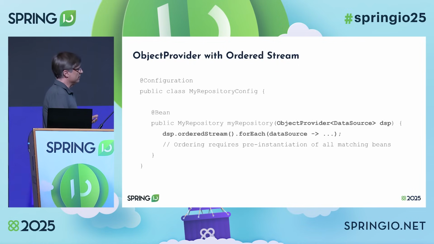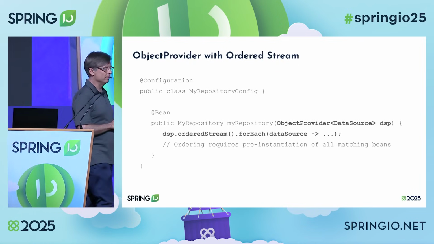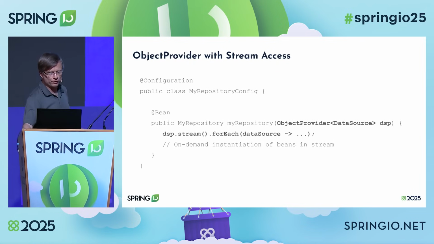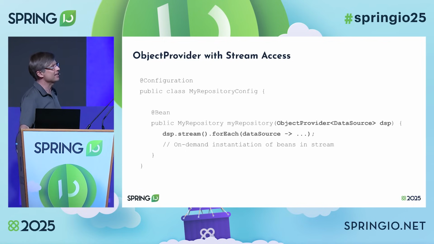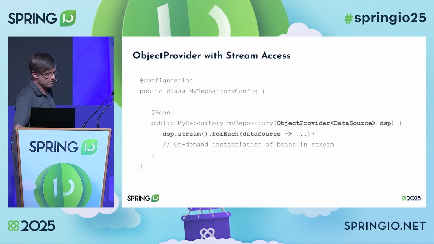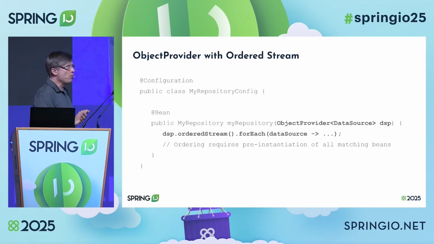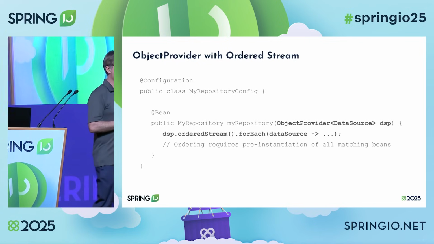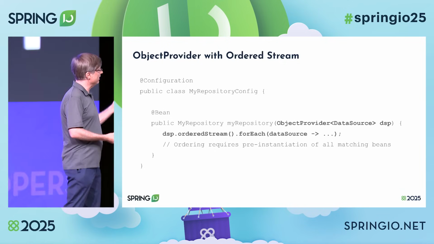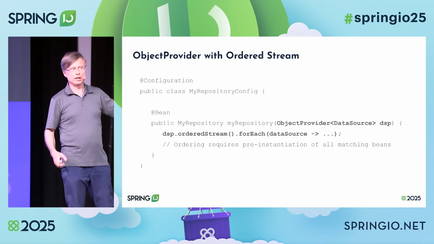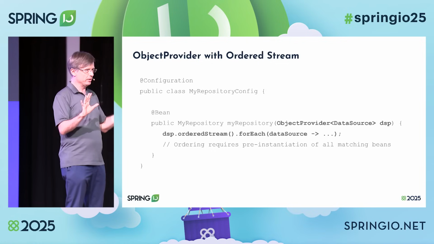Now, ordering. So basically the list case. This is sort of the set case, right? So iteration or regular stream access is basically set semantics. Lazy access, set semantics. If you want ordering to be involved, so the equivalent of a list of data source, you can do ordered stream and then do whatever you want to do against the java.util.stream, right?